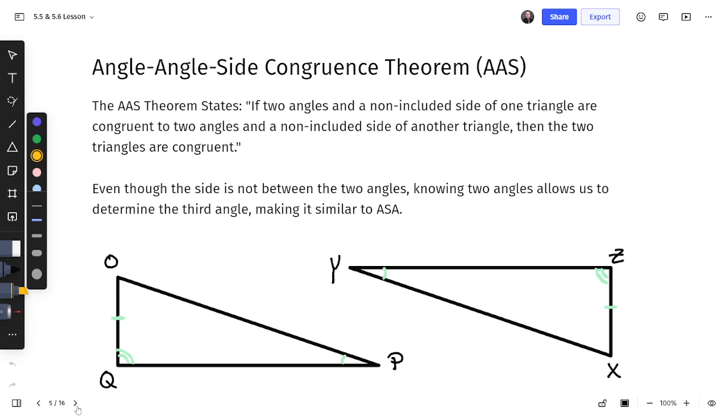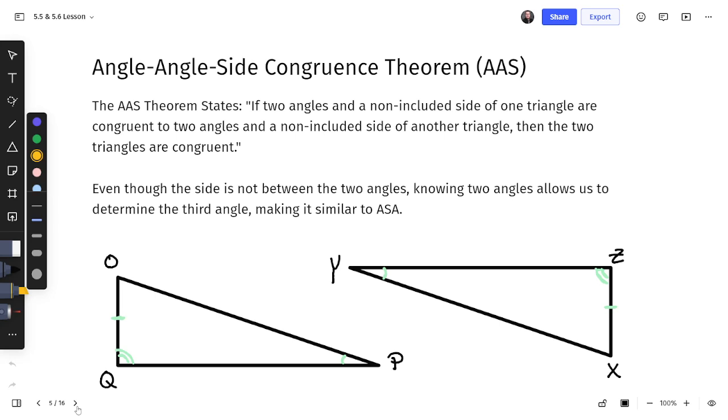Next up, we have the angle-angle-side congruence theorem. The AAS theorem states that if 2 angles and a non-included side of one triangle are congruent to 2 angles and a non-included side of another triangle, then the 2 triangles are congruent. Non-included side, in this case, means the side that is not directly between those 2 angles.